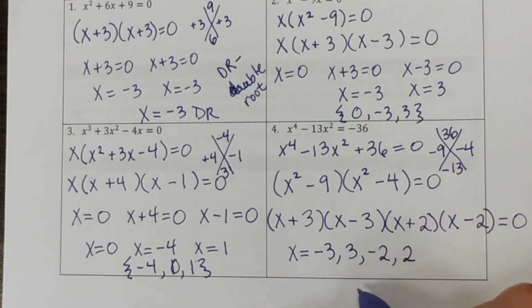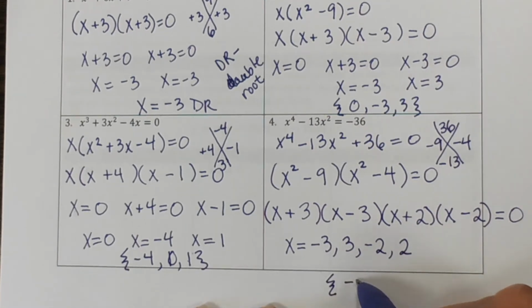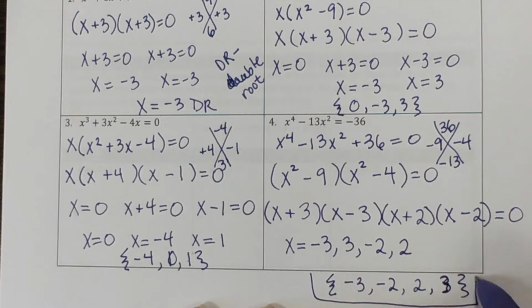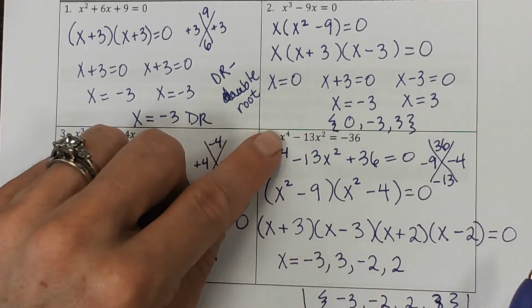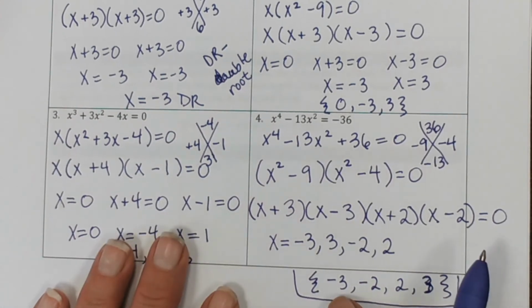And so we can either leave it as our x equals, or we can write it in our set. So we would have negative 3, negative 2, 2, and 3. And then we close that bracket. So again, we saw that our beginning exponent was 4, and so we notice that we have 4 solutions.